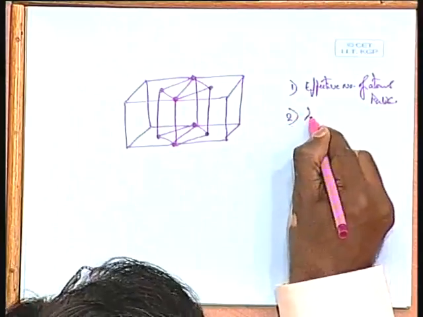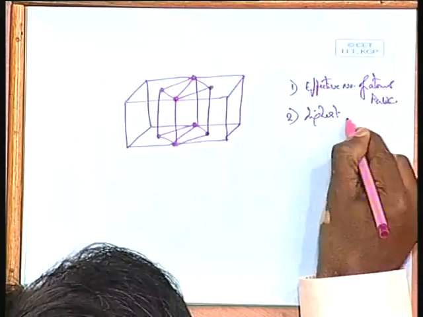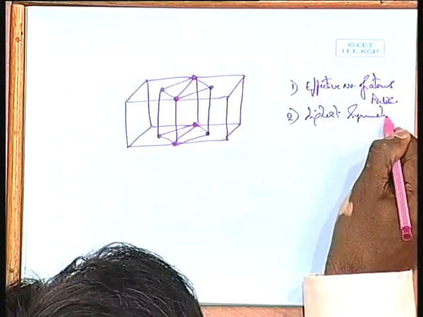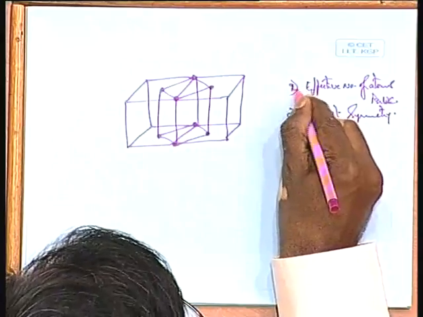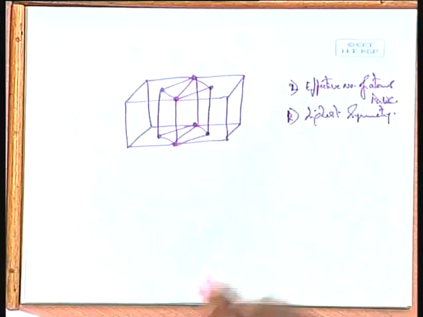Cubic always has a higher symmetry. So, when there is a choice between a cubic and tetragonal, always the choice should be the highest symmetry. Whenever there is a choice between 2 unit cells, the first priority, in fact, I should put the first one as number 2 and the second one as number 1. The first priority always is the symmetry.